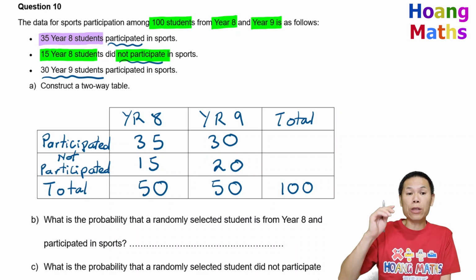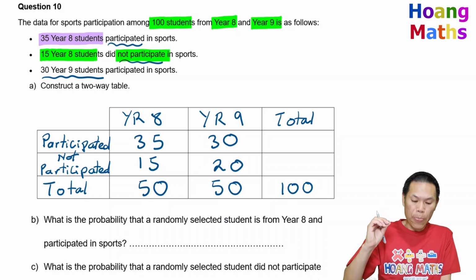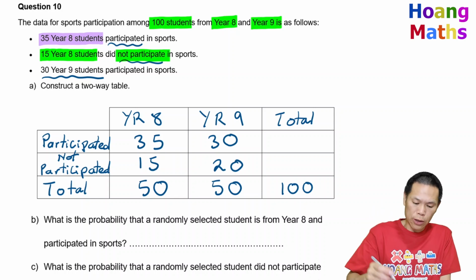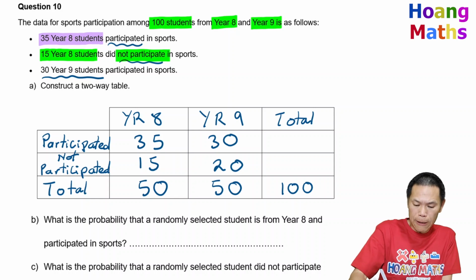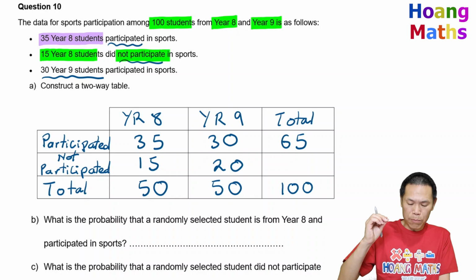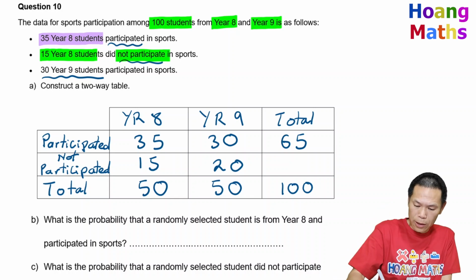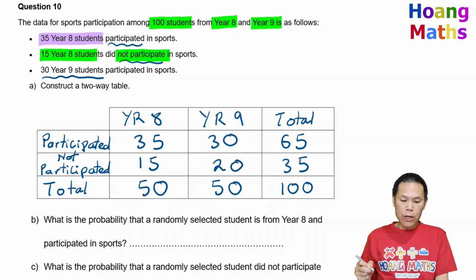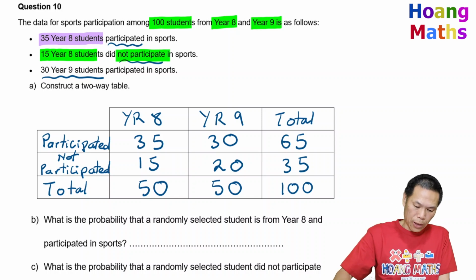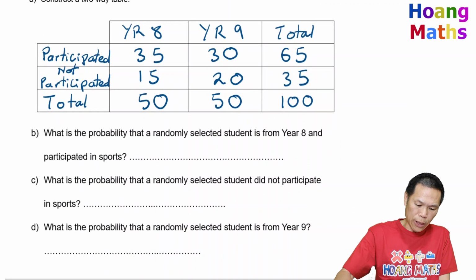And we can work out the total number of participation in sports: 35 plus 30 gives me 65. And then not participated in sports, 15 plus 20 is 35. So there you go. It's correct. Now we're going to answer these questions.